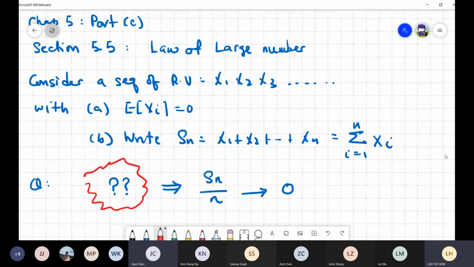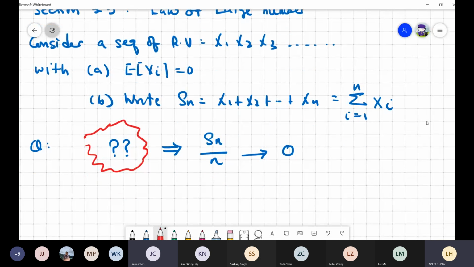Okay. So again, in the beginning of chapter 5, we have discussed several types of convergence, right? So here we consider 2 types.